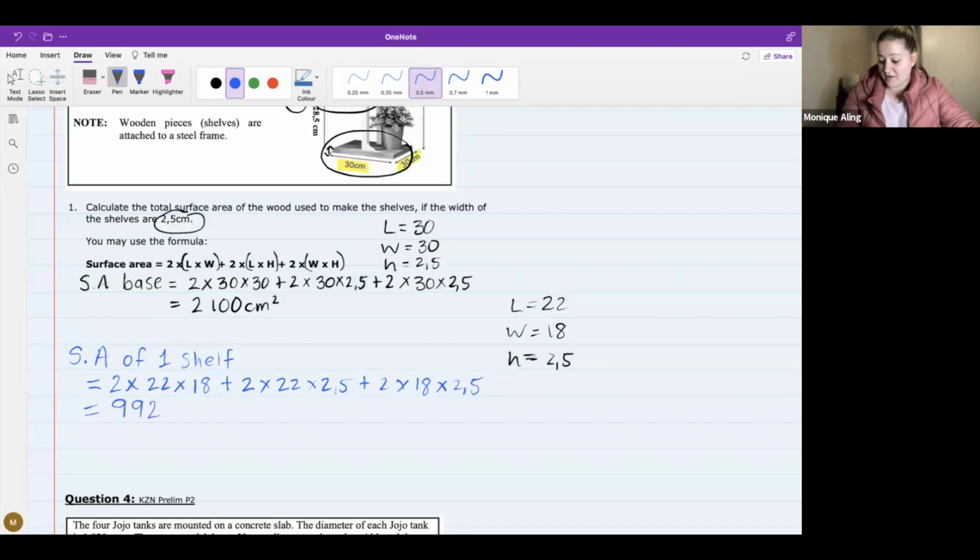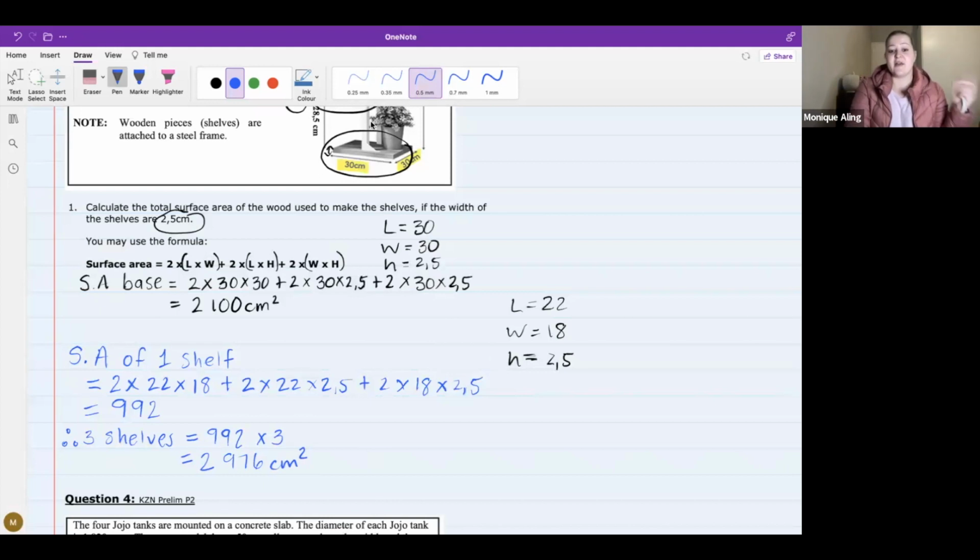That's for one shelf. So for 3 shelves, I'm going to say 992 times by 3, which gives me 2,976 centimeters squared. Nice. Thank you, Amor. Good.